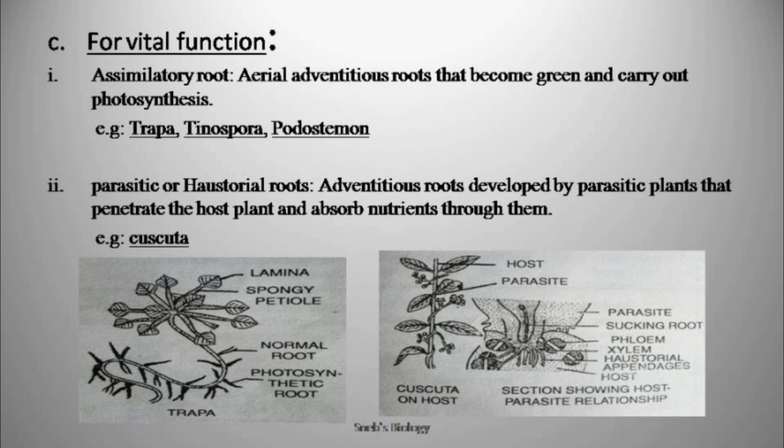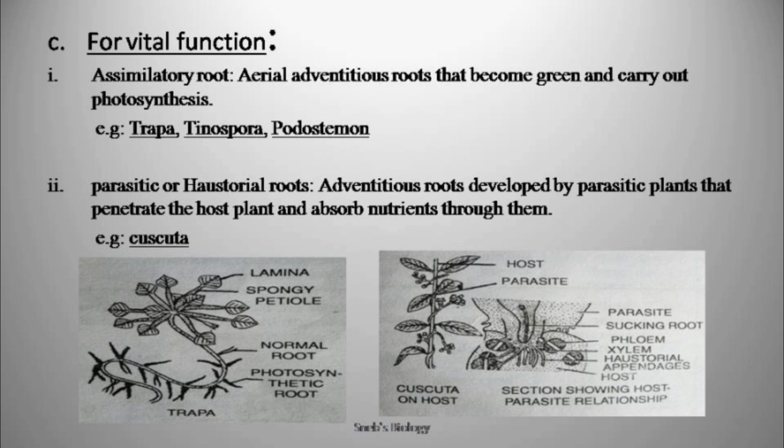So they are aerial. For example, Trapa. In Trapa, a little portion of the stem is visible and the roots arise from the stem and they grow on the surface.